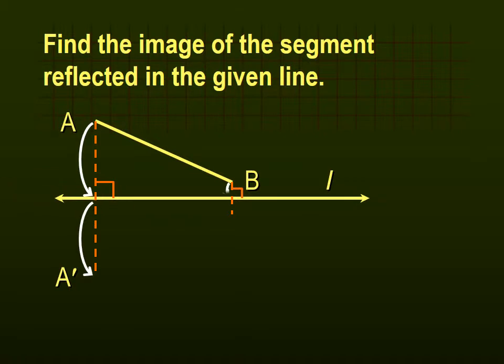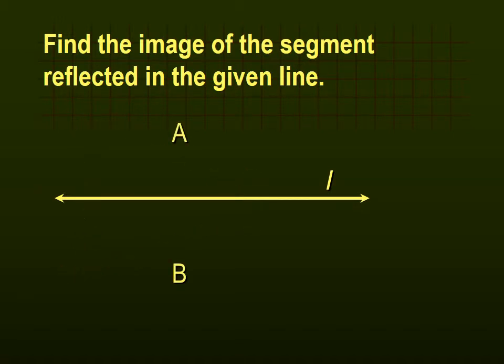It's going to do the same for point B. This distance and this distance have to be equal because line L is creating a perpendicular bisector. So we can connect point A prime and B prime, and we have a reflection.